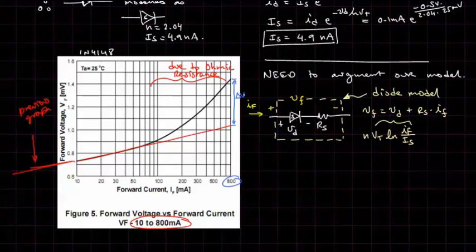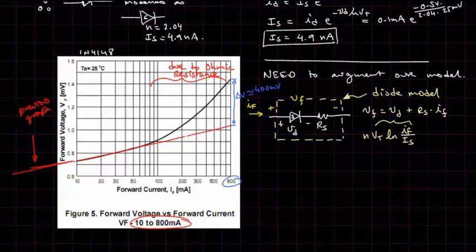V is here. And that turns out to be roughly 0.4 volts, 400 millivolts. So we see that at 800 milliamps there is an added 400 millivolts across our diode that the Shockley diode does not account for.